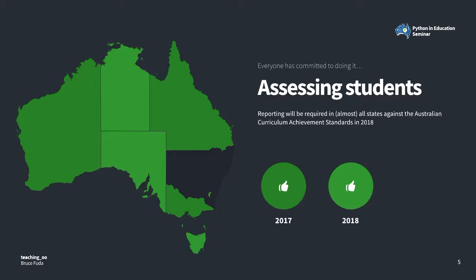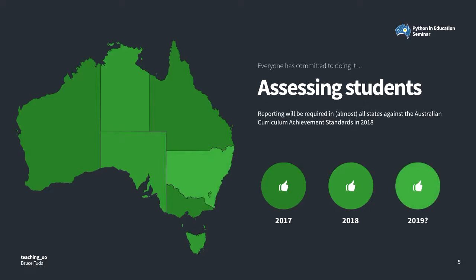Last year I gave a presentation and used a similar map like this to highlight that big gap in the middle. We're pretty confident that by 2019 New South Wales will be reporting on this too. So it is something that we're going to see every student in the country exposed to, and there are going to be challenges, particularly in the higher year levels, to introduce students to these concepts and ideas because they won't have the 10 or 11 years of prior experience when they do that.